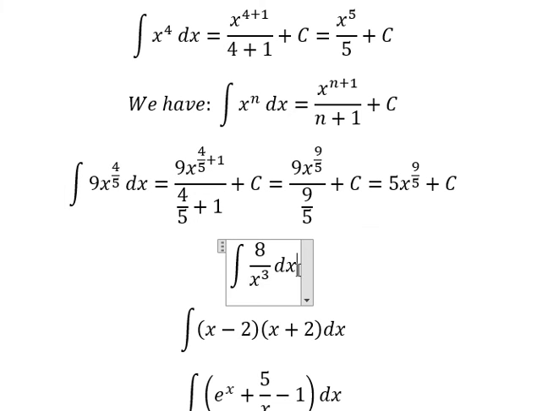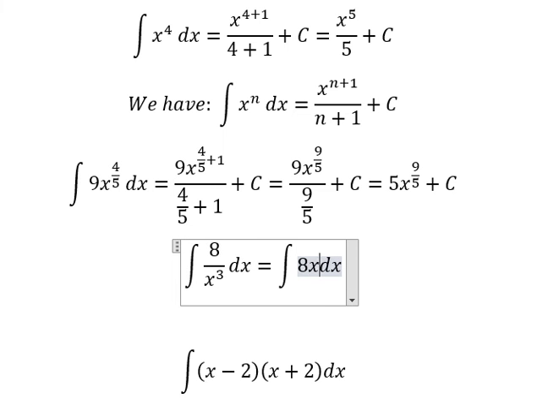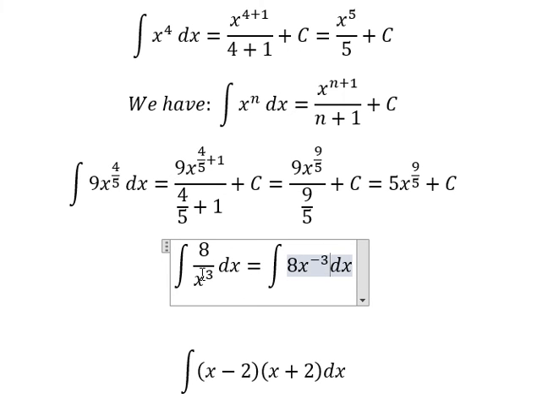About this one, we can write it as x to the power of negative 3, because I want to put this one to the numerator, so we need to have the negative sign.